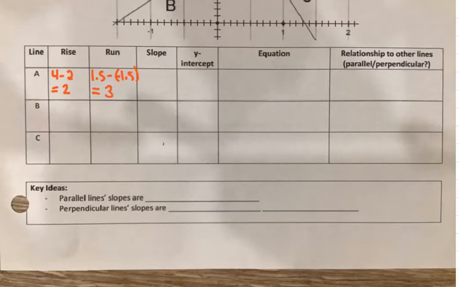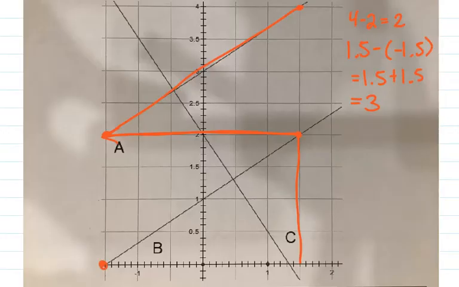So remember that slope is rise over run. Write that up here. If slope is rise over run, then the slope of line A is 2 over 3. Now, what's the y-intercept? Where does this line cross the y-axis? Well, that's right here at 3.